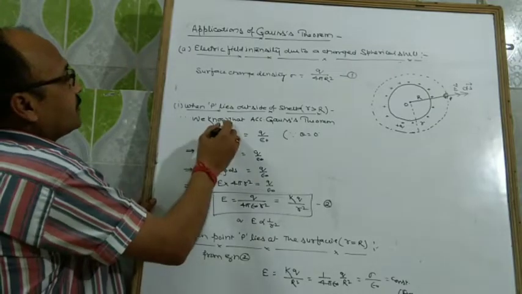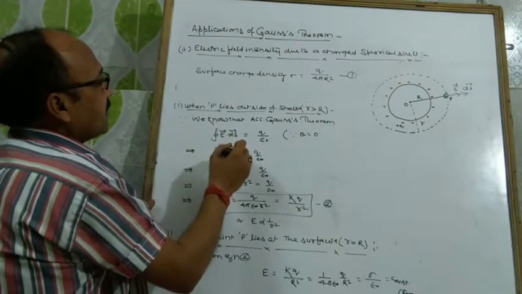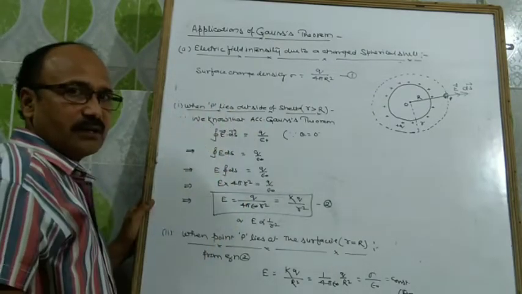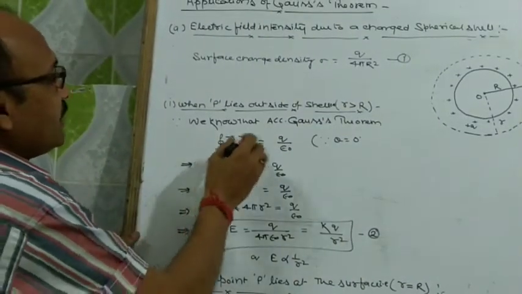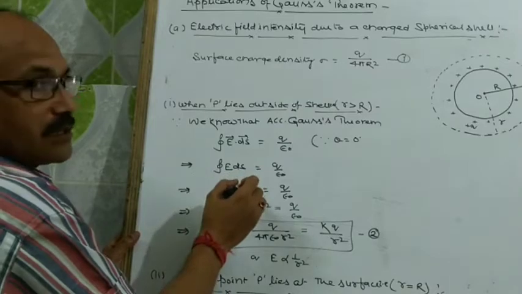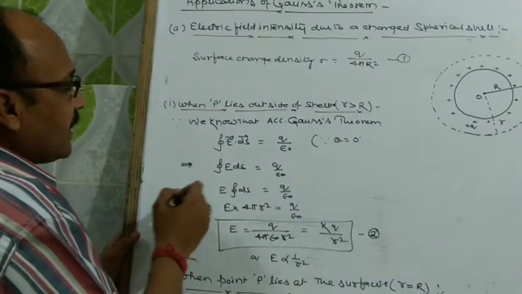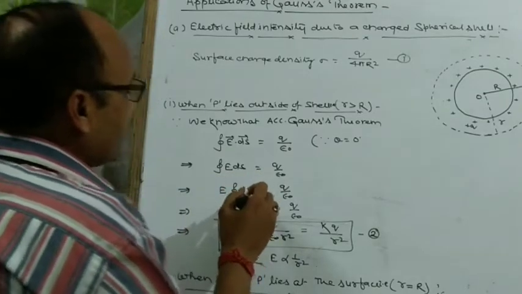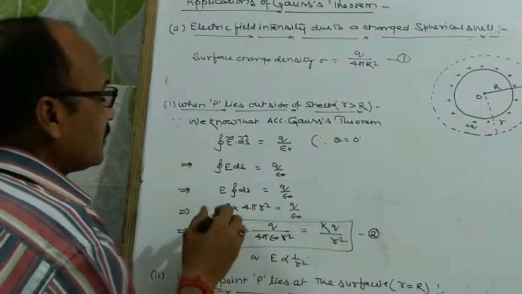According to Gauss's theorem, closed surface integration E dot ds equals q upon epsilon naught. Theta equals 0, so E dot ds equals E ds. This equals q upon epsilon naught. E we take outside, so E times closed surface integration ds equals q upon epsilon naught.